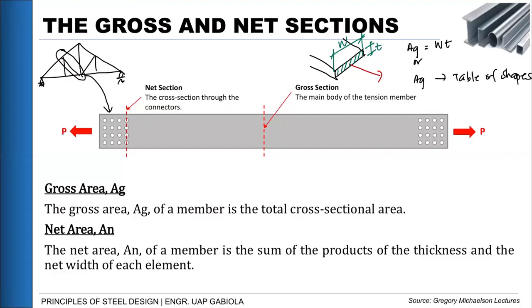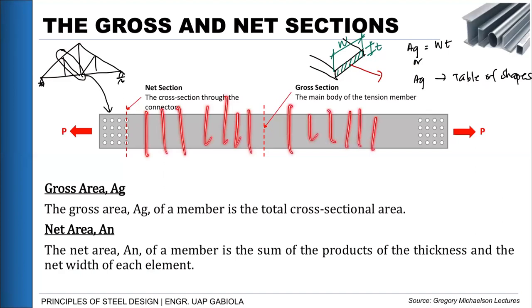When we look at the table of shapes, there is a column for AG, or area. So that is what we will use. Again, this formula is for plates only, or when our cross section is rectangular. And we also have another area, because all of these portions are gross sections, or the gross area exists.